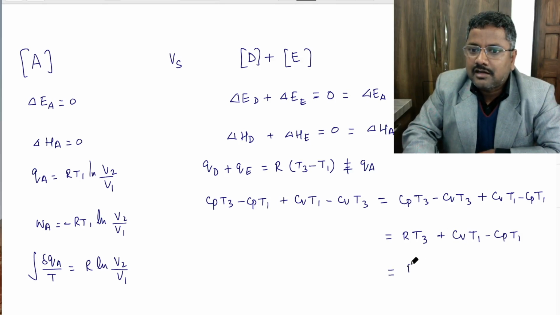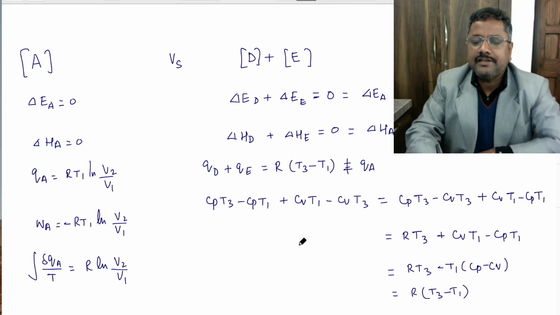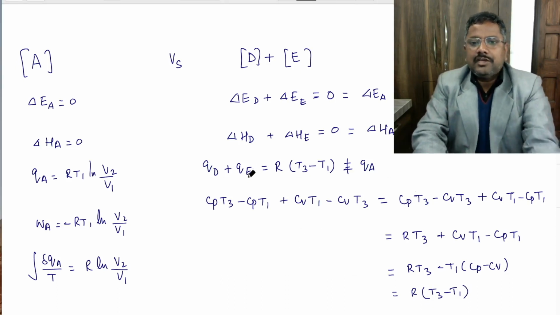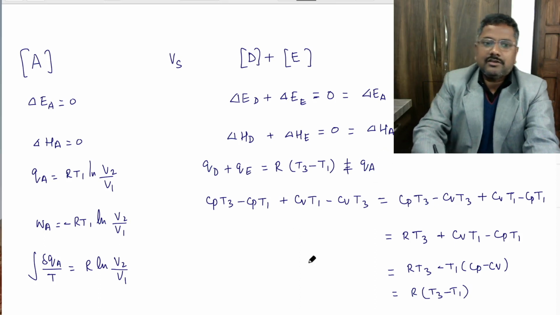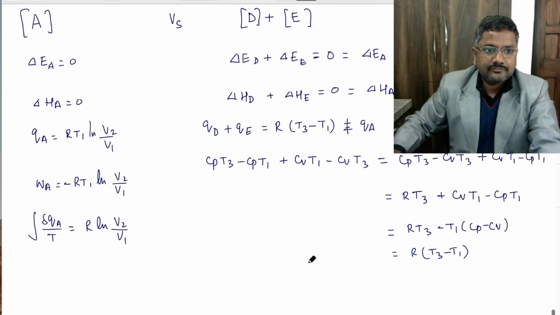So RT3, here we can take minus T1 common, so Cp minus Cv, so this is RT1. So we can write here R (T3 minus T1). So QD plus QE is equal to R (T3 minus T1), which is not equal to QA, right?